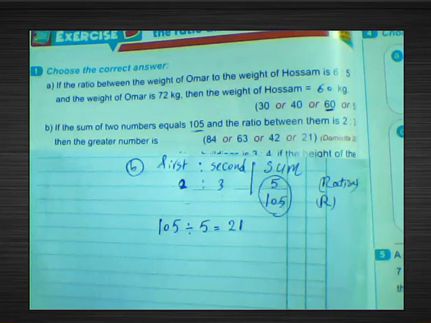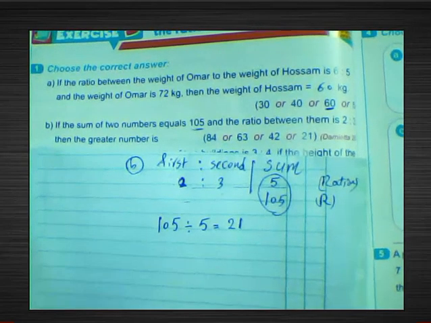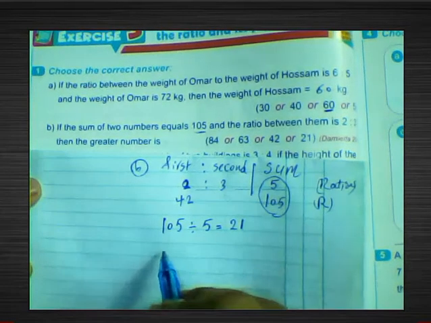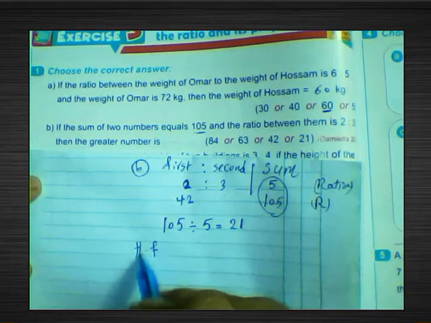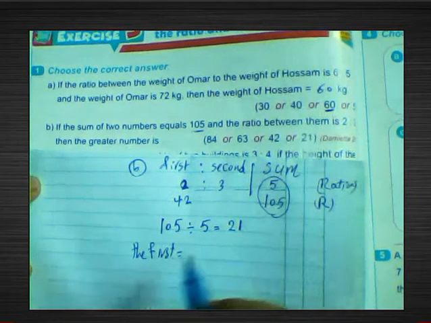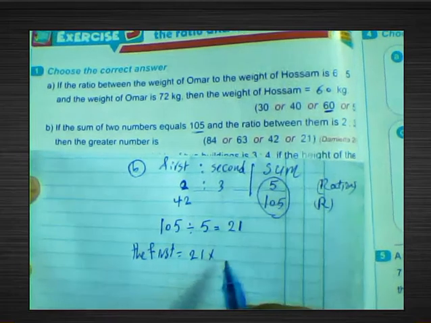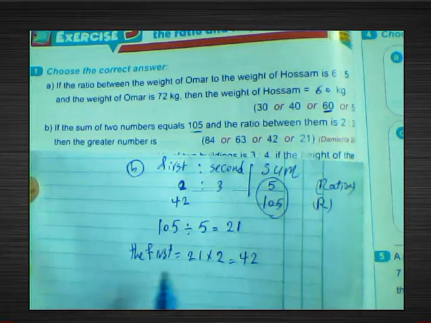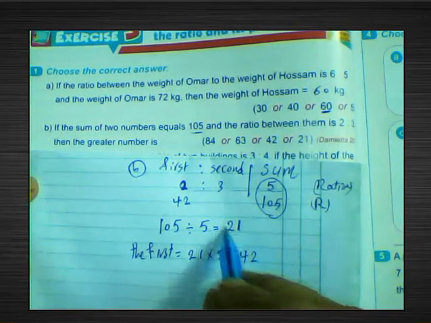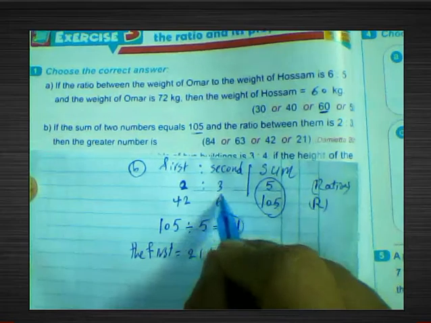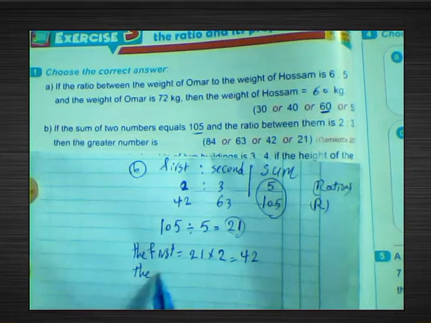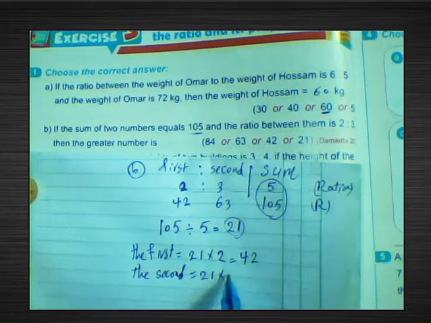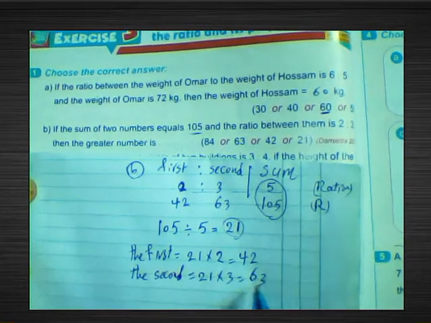Another step, 21 times 2 equals 42, so the first number equals 42. And the second number is 21 times 3, which equals 63.